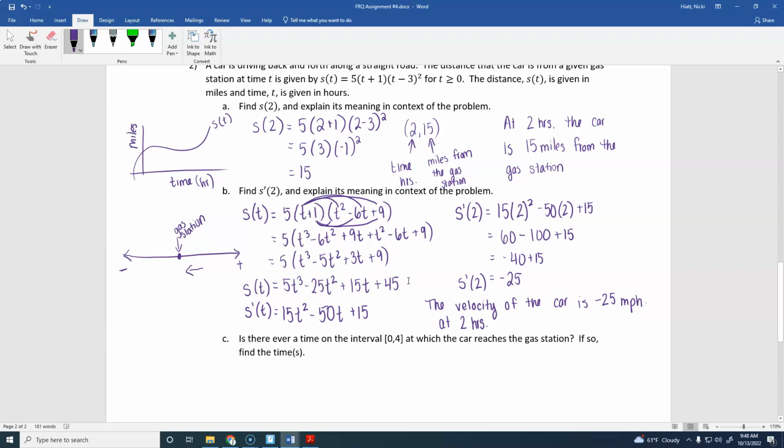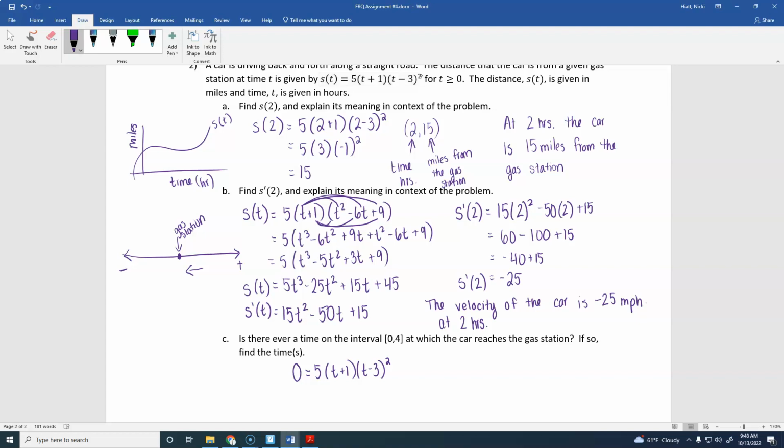And to do that, you have to do synthetic division and stuff that Coach Wood taught you in Math 3 that you've probably forgotten, right? But we don't have to do that because it already gave us the factored version of this. So we're going to say 0 equals 5 times (t plus 1)(t minus 3) squared.